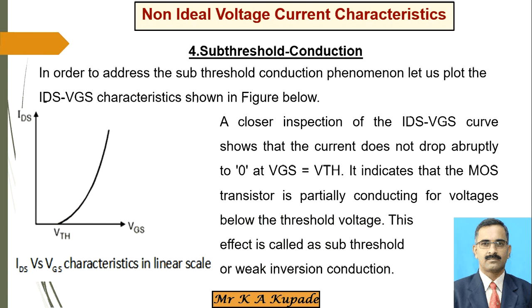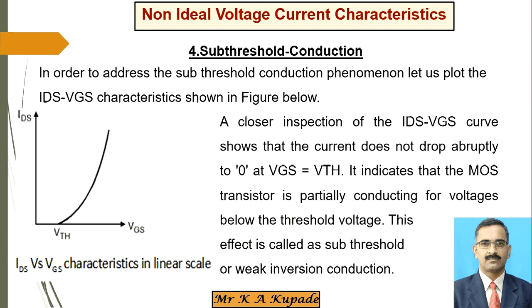Now the next effect we are going to discuss here. I am considering the fourth, because the third, mobility, I discussed under mobility of carriers. So here, the fourth is sub-threshold conduction. How sub-threshold conduction happens and all that.